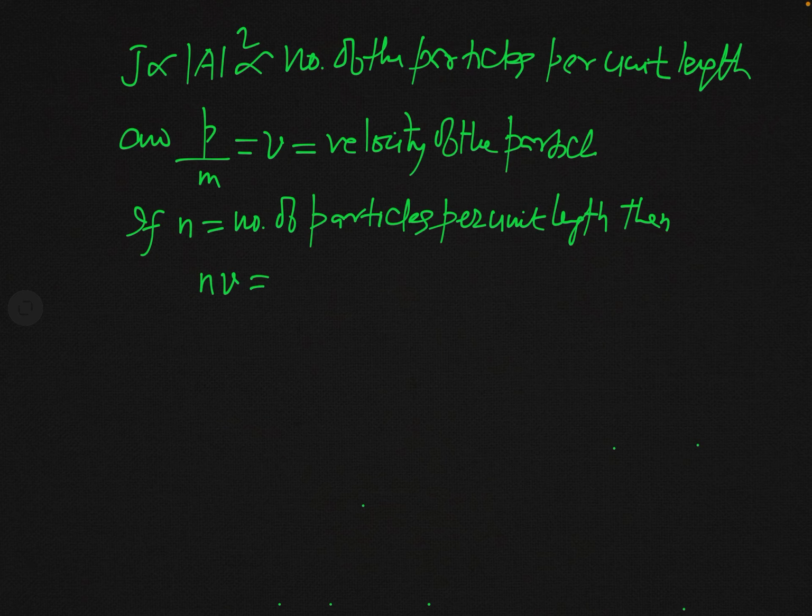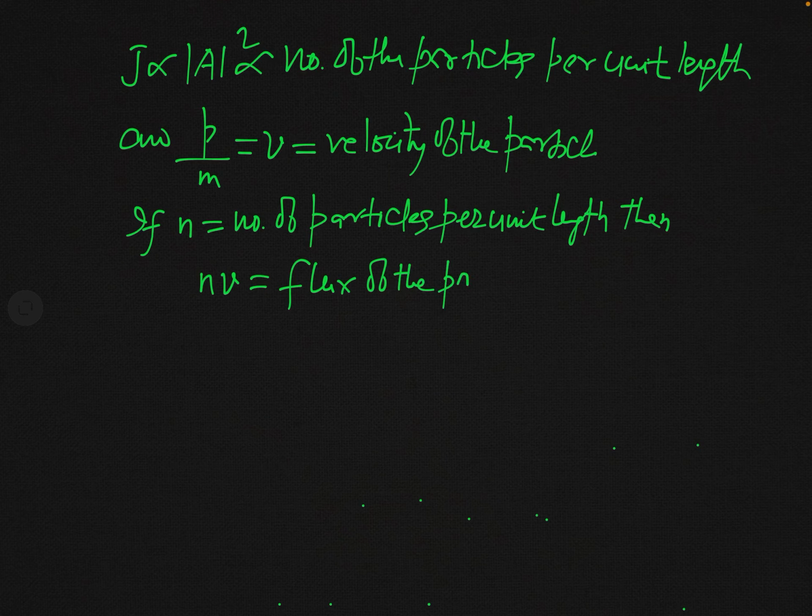This is a one-dimensional case, so this will be the length covered in 1 second, and n is your number of particles per unit length. So this product nv will be actually equal to the flux of the particle.